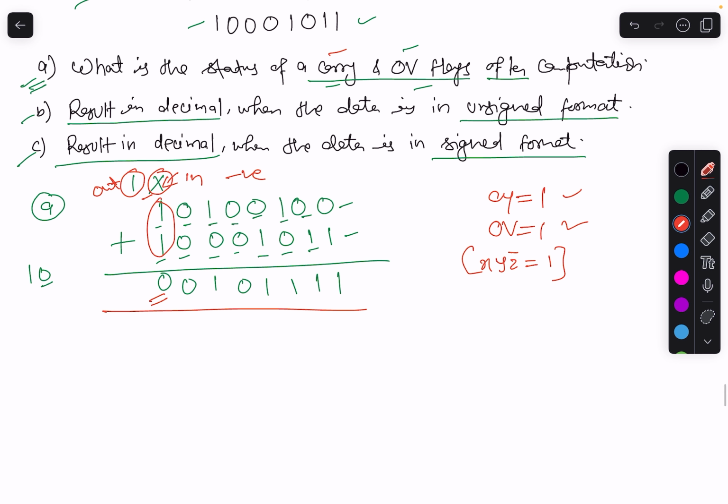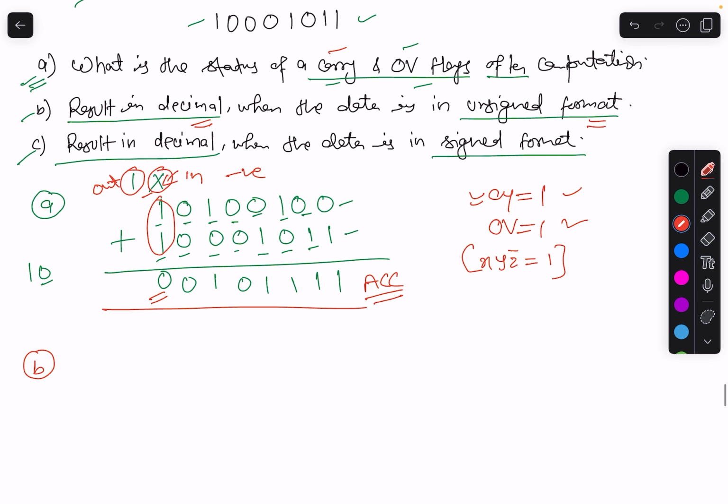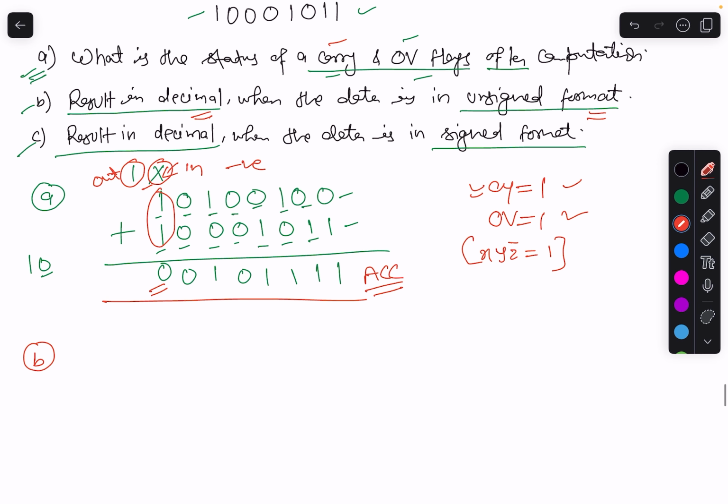Now the second one, B. We need to find the result in decimal if we take the data in unsigned format. In the unsigned format, what we do is we take the accumulator content, and put the carry flag value in front of the same, right? Suppose the carry is 0, okay, let's write the accumulator content first: 00101111.